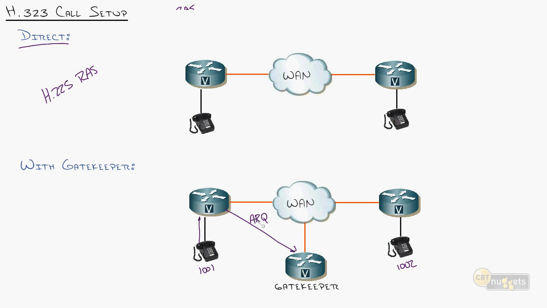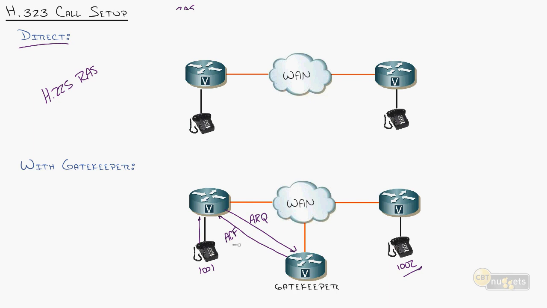The gatekeeper says, do I know where 1002 is at? Is there enough bandwidth available to call 1002? And if all those are true, then he is going to send back an admission confirm, saying, well, absolutely, you can call 1002. As a matter of fact, here's the IP address you need to go to reach 1002.